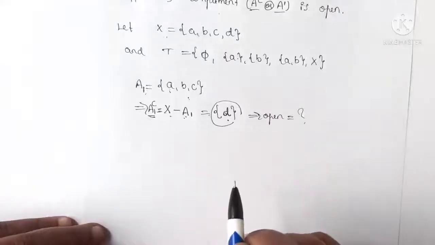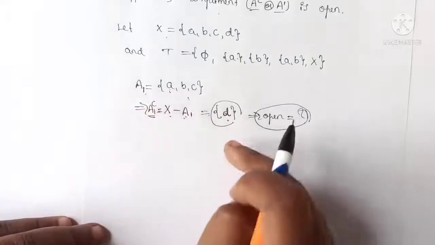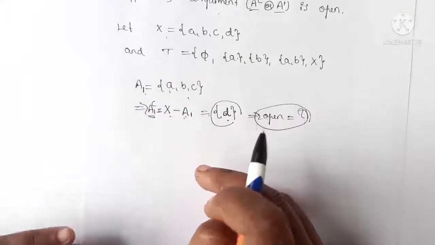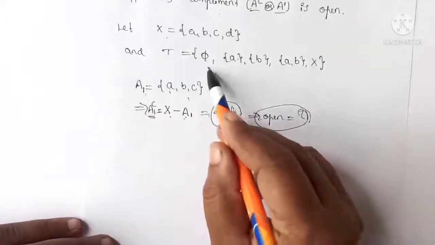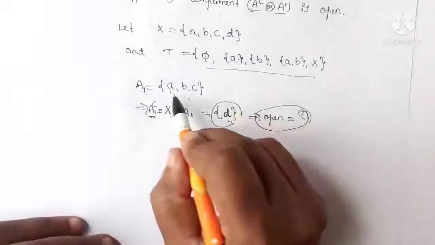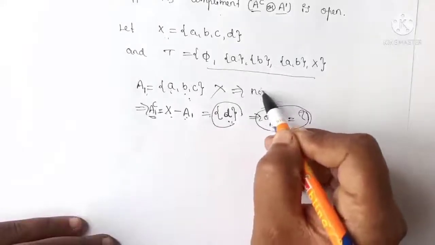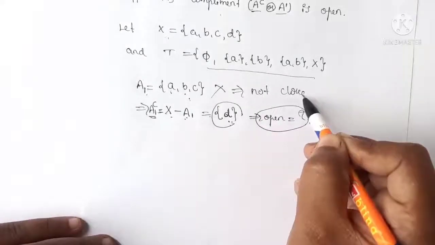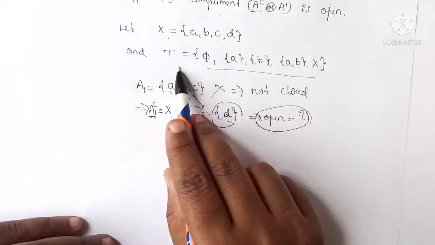If it is open, then A1 is called a closed set, otherwise it is not a closed set. You can observe that this does not belong to the topology, therefore we can say that {A, B, C} is not closed, because its complement doesn't belong to the topology.